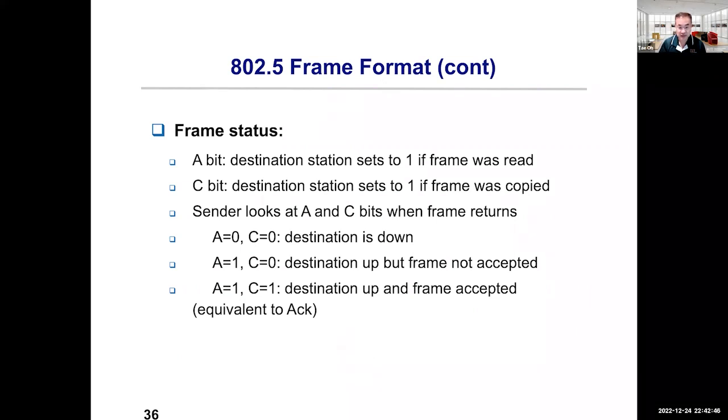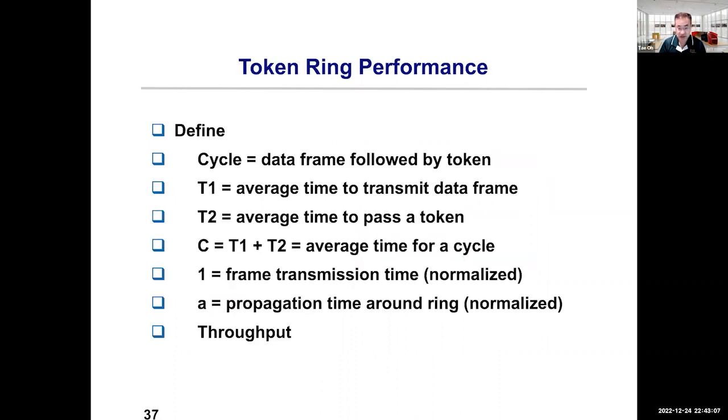Sometimes the destination station is down and not able to receive it, in which case A is 0. Sometimes the destination is up but not able to accept the frame. That problem occurs.